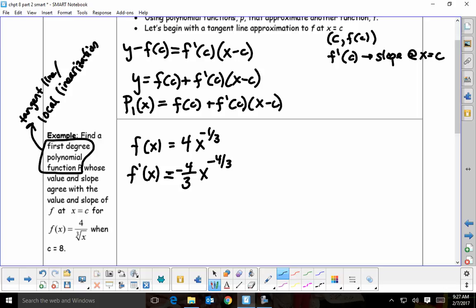Okay, so f of x is just 4x to the negative 1/3, and f prime of x is negative 4/3 x to the negative 4/3. Everybody good? So then I'm now going to evaluate it when c is 8. So let's go find f of 8. That would be 4 over 8 to the 1/3, which would be 4 over 2, which is 2. f prime of 8, can you guys go do that?